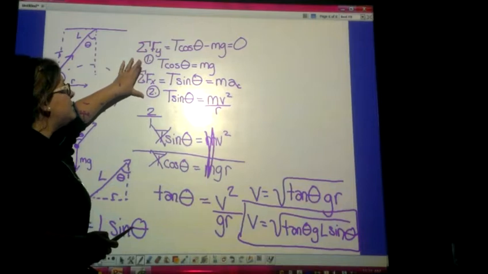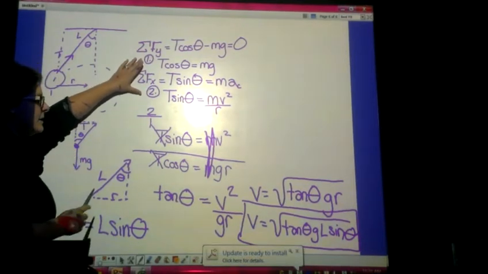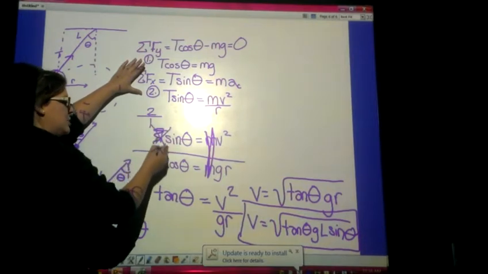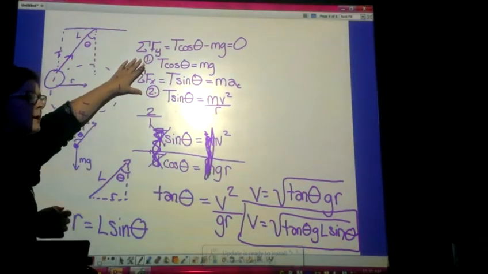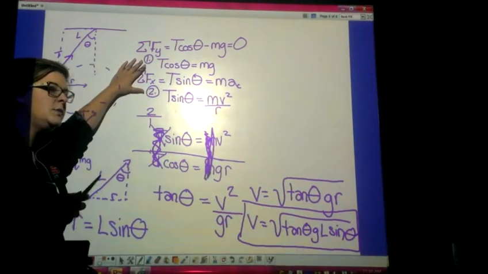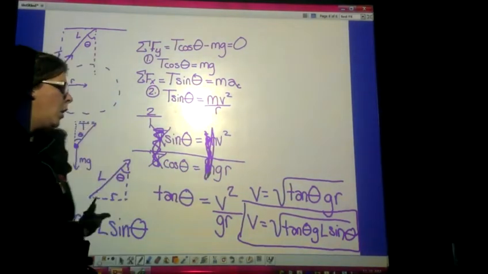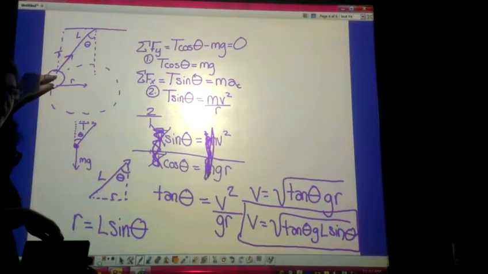My goal is to use these equations to simplify down as much as I can, and I did that by dividing the two, because then I get tension to cancel out, I get masses to cancel out. The reason that I'm doing that too is because I want you to see that speed has nothing to do at all with the mass of whatever it is that's moving in that horizontal circle.